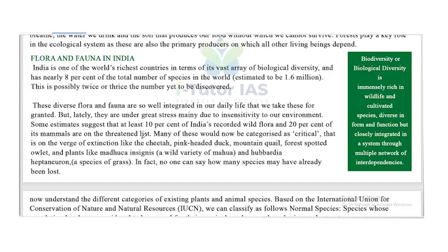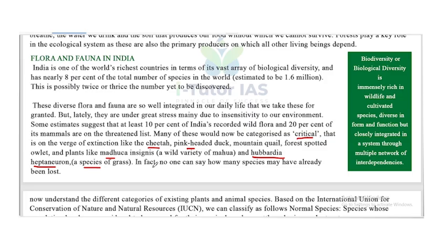Many of these would now be categorized as critical, that is on the verge of extinction, like the cheetah, pink-headed duck, mountain quail, forest spotted owlet, and plants like Madhuca insignis, that is a wild variety of mahua, and Hubbardia heptaneuron, that is a species of grass. So these are already extinct.